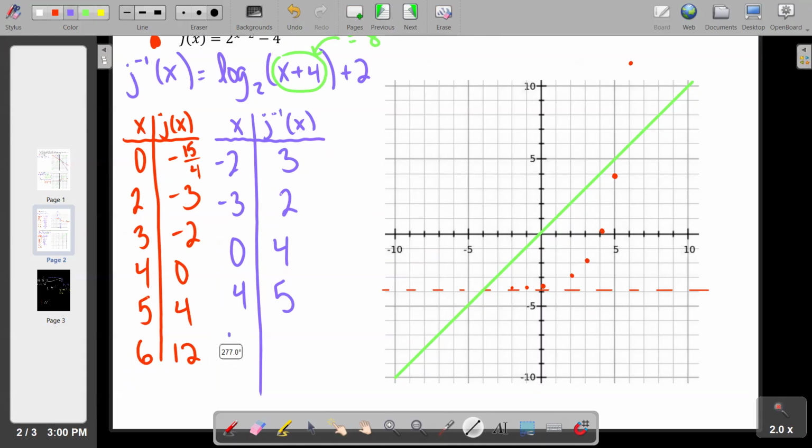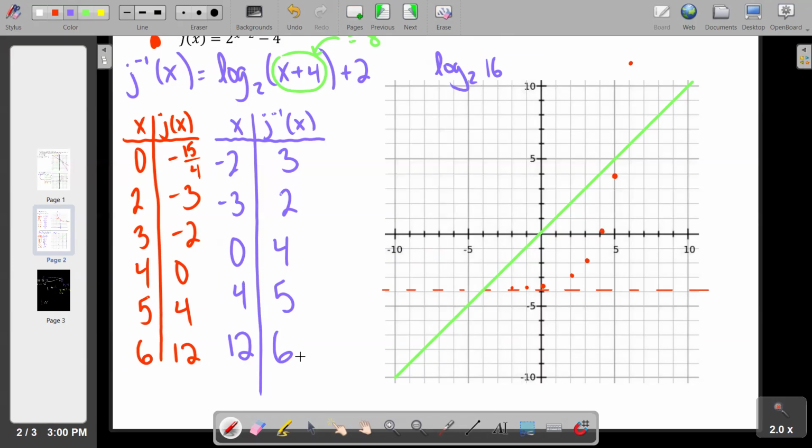So if you put 12 up in the green egg, 12 plus 4 is 16. What's log base 2 of 16? 4 is correct, and 4 plus 2 is 6.